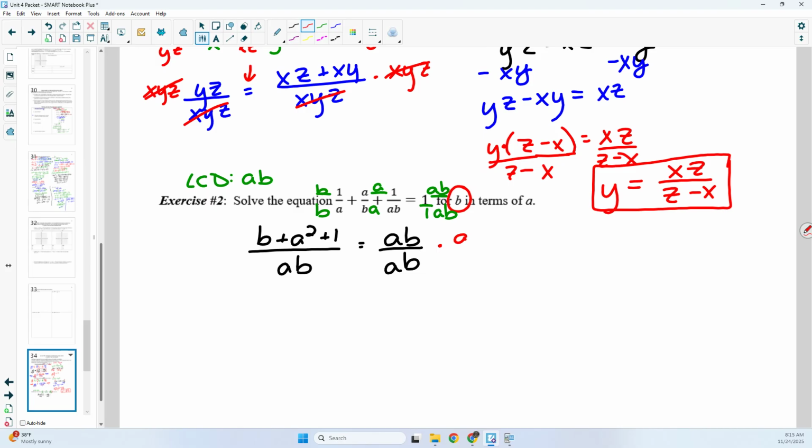So now I'm going to multiply both sides by ab, because we have an equation. And I get b plus a squared plus 1 equals ab. I go back and remind myself I want to solve for b, which means I have to have all the b's on one side.